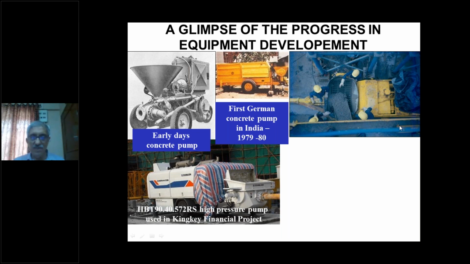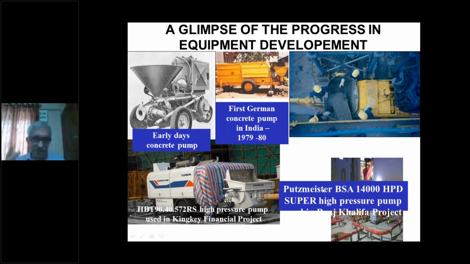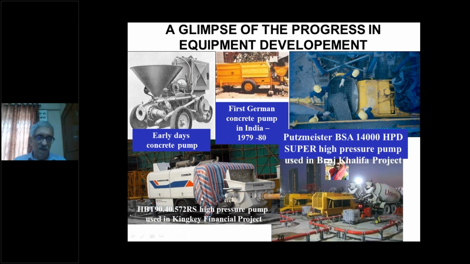You can see them. Later on, when higher and higher capacity pumps were required for buildings like Kinki building in China or Burj Khalifa in Dubai, very large capacity pumps were bought because they had to pump vertically almost about 600 meters, or in Kinki building they pumped nearly 400 meters.